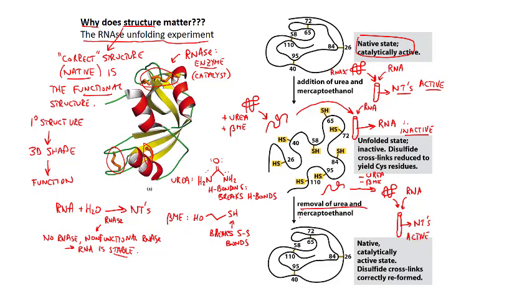So removal of urea and mercaptoethanol restores the activity. Why? Because it restored its structure.